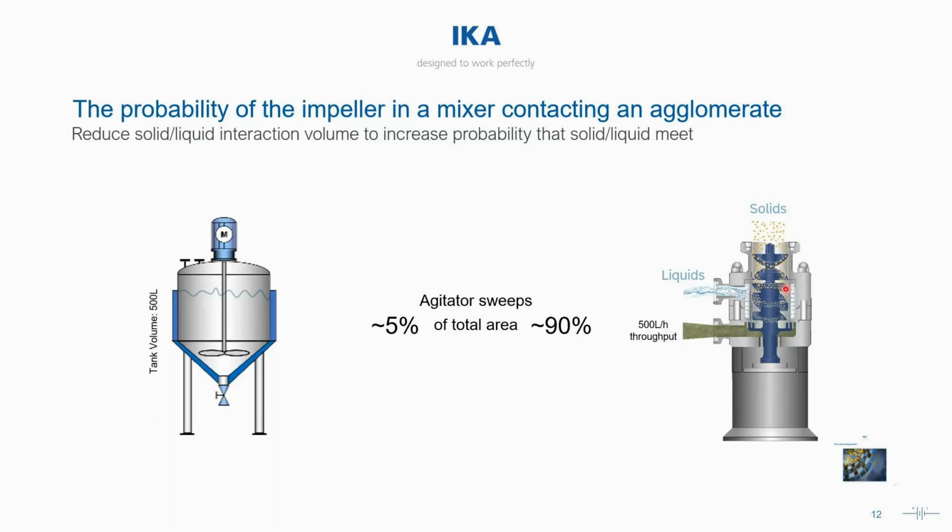And you're combining your solids and liquids in a small chamber with a large impeller, where your impeller is actually going to sweep through about 90% of this area as opposed to 5% of the agitated vessel. So 90% of your solids and liquids are entering in that high energy dissipation regime that we just talked about. So this is one creative way that you can take advantage of that property and get your mixing time down.